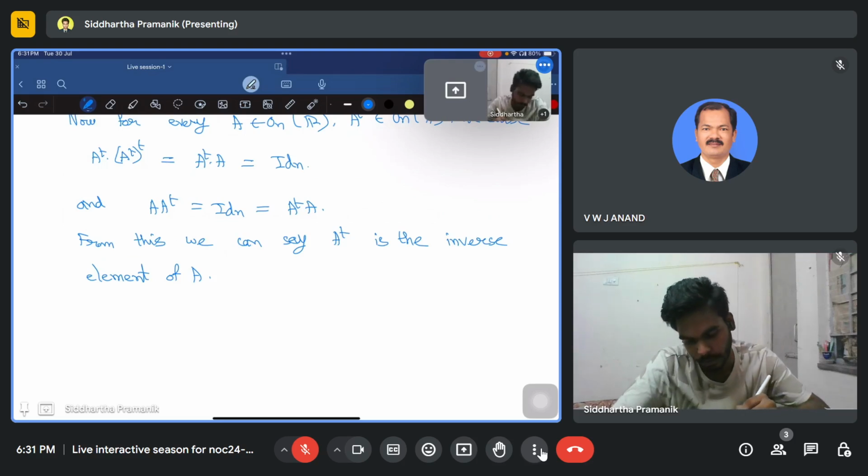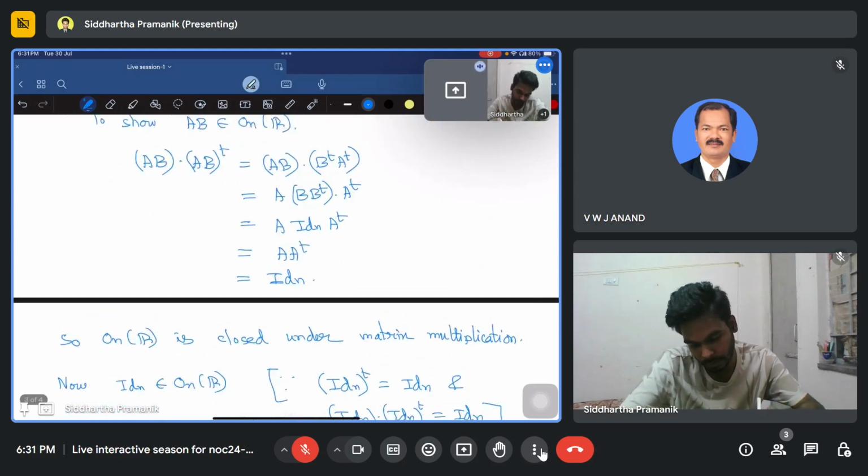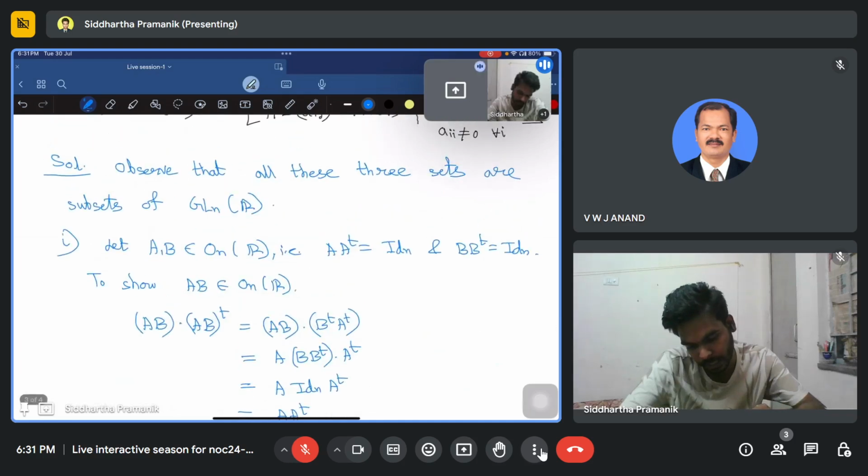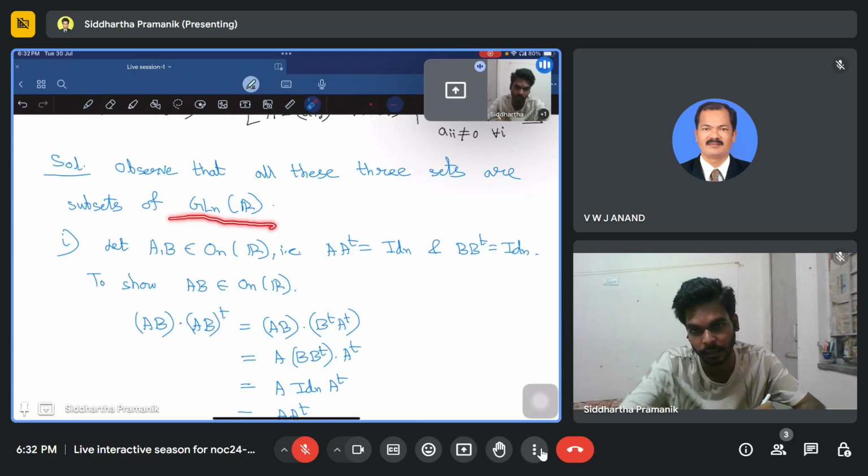Okay. So the final property is associativity, and that is trivial because O(n, R) is a subset of GL(n, R), and matrix multiplication is associative in GL(n, R). So it holds in the subsets also.